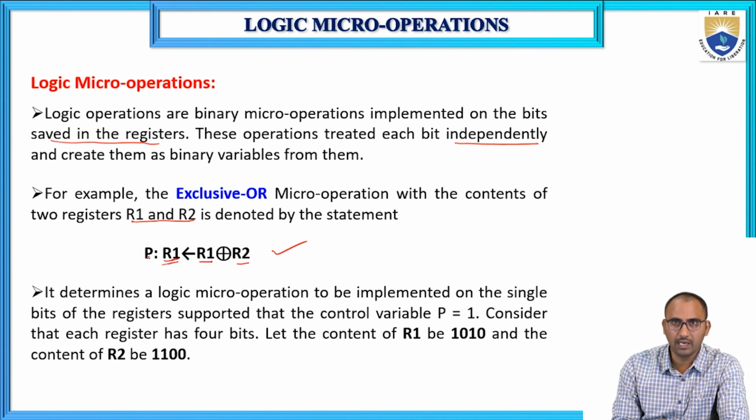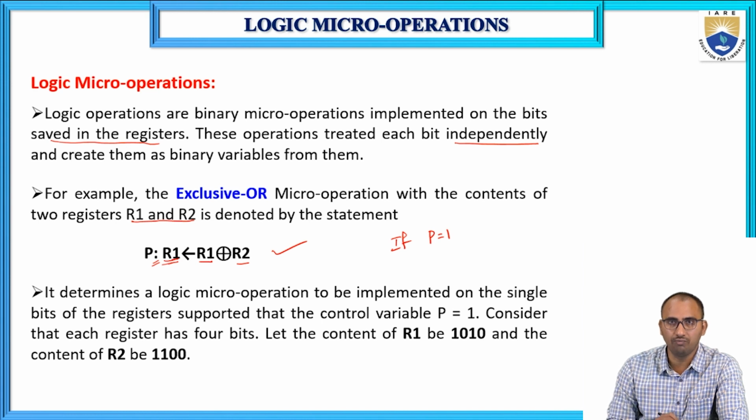The P column here is a conditional transfer. That means it acts as an if statement in a programming language. If P is equal to 1, then only it performs the exclusive OR operation.